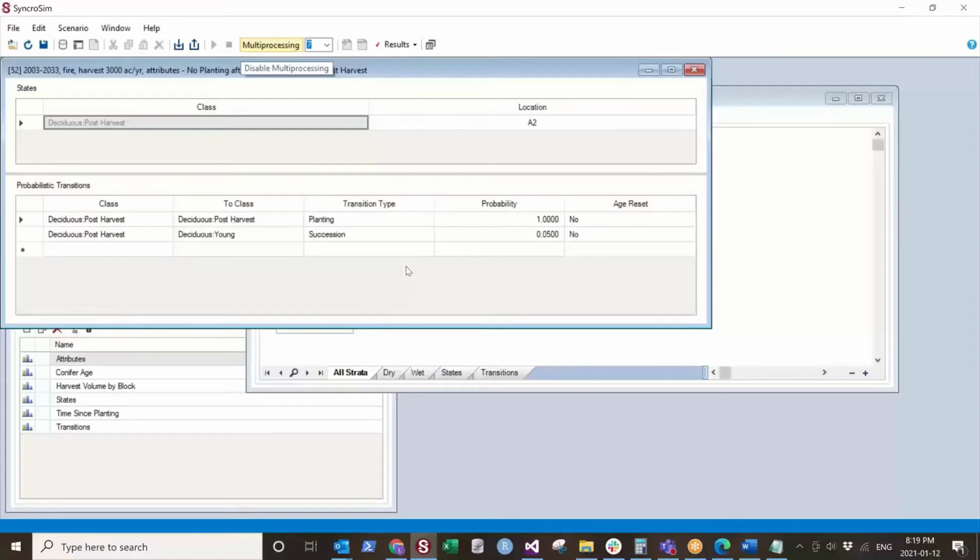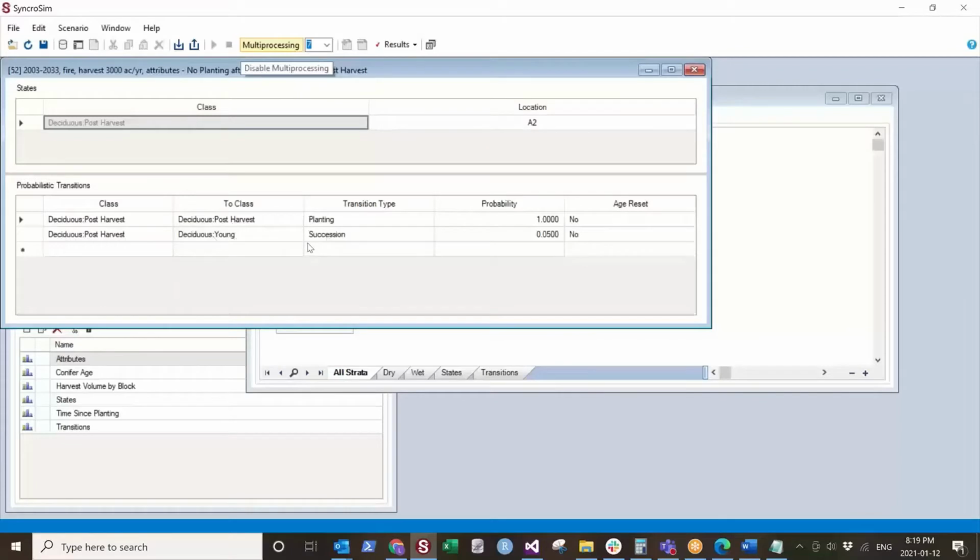So in this post-harvest state, there's two things that could possibly happen. You can have a succession with a low probability, and you can have planting. But I wanted the succession, so the succession is what gets you out of this post-harvest state.